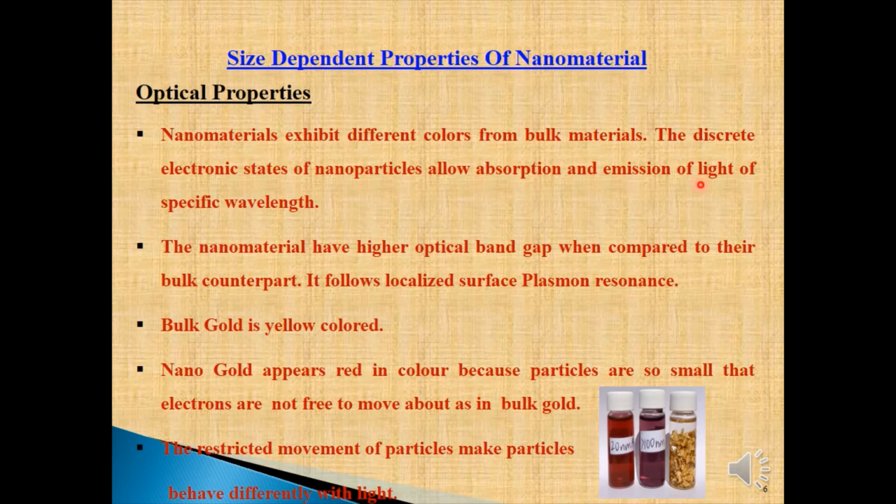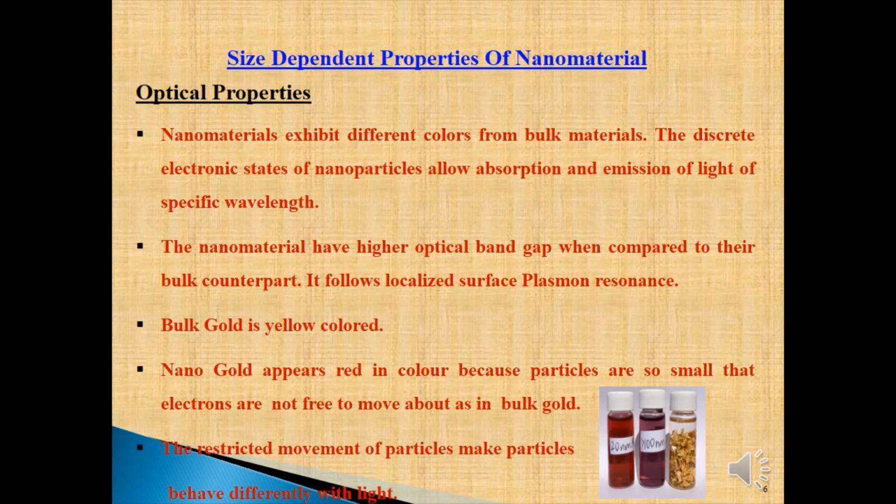Nanomaterials have a high optical band gap when compared to their bulk counterpart because of the localized surface plasmon resonance phenomenon. This is a phenomenon because of the interaction of conduction electrons of the metal nanoparticle with the incident photon. Because of it, the nanoparticles show different color when compared to their bulk counterpart.